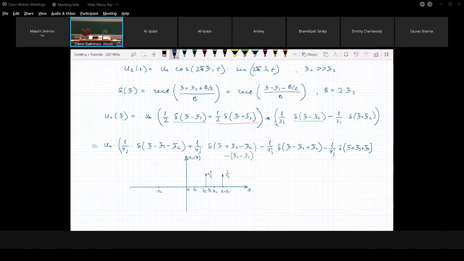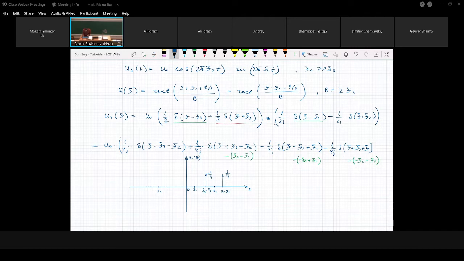So one is at frequency, the argument is minus f, in parentheses minus fc plus fs. And the next one will be minus fc minus fs. So you can write it like this, and then it's very easy to place them on the graph.